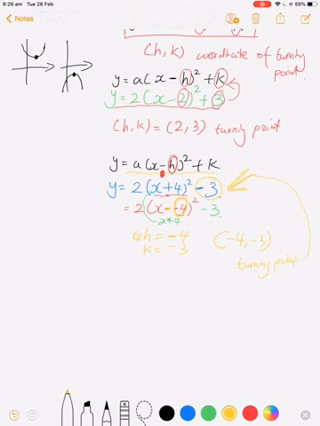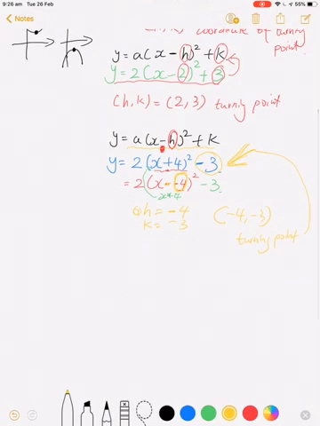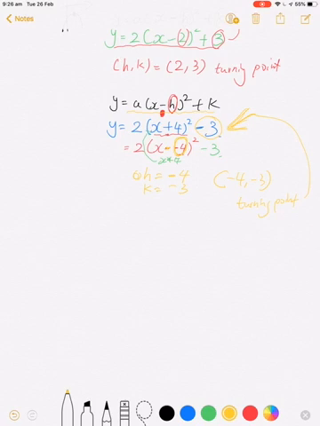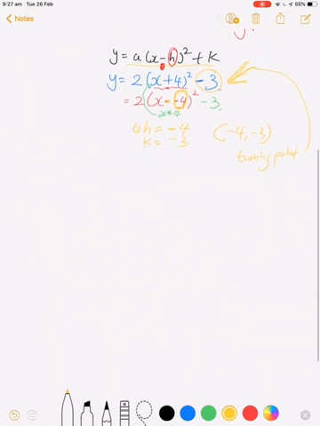Now that we have finished identifying the turning point, using the turning point form to draw the graph is quite straightforward. We can summarize it into 4 steps.